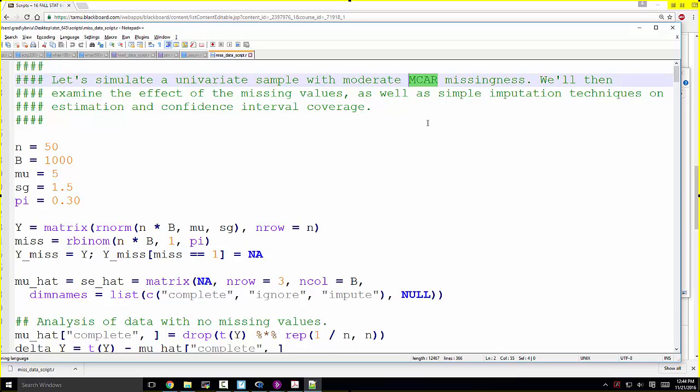So it's a completely random event that a value went missing. Somebody just forgot to write down the number in the data set for this individual, or the value was corrupted somehow, just by random features of the computer storage system or something like that. So on the easiest end, there's this missing completely at random. On the hardest end, there is what's called missing not at random.